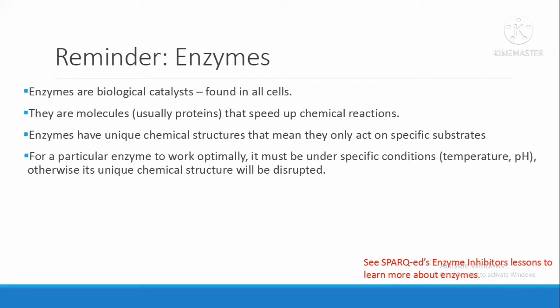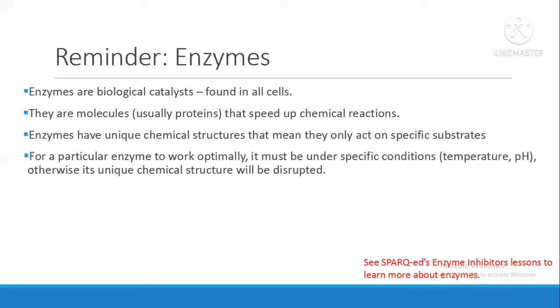For a particular enzyme to work optimally, it must be under specific conditions like temperature and pH. Otherwise, its unique chemical structure will be disrupted. If suitable conditions like temperature and pH are not present, then the enzyme will never work because its structure and its way of working are totally disrupted, destroying its chemical nature.